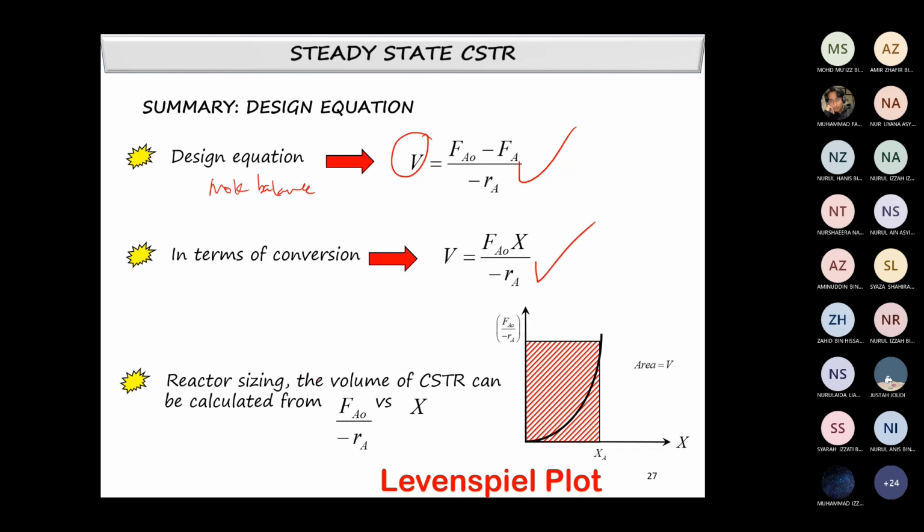Reactor sizing: the volume of CSTR can be calculated from Fa0 over negative Ra versus X. So we have volume V is equal to Fa0 over negative Ra times X. This X would be the x-axis and Fa0 over negative Ra would be the y-axis.